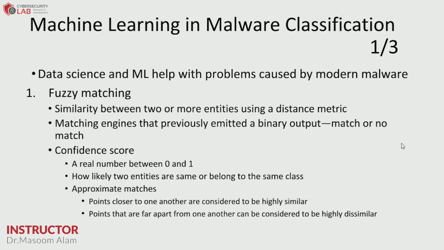So a matching engine that previously emitted a binary output, match or no match, now also depends on a confidence score. Approximate matches closer to one another are considered highly similar, or otherwise highly dissimilar. This is the advantage of data science and machine learning.